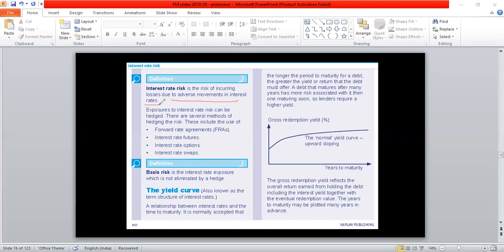First one is entering into a forward rate agreement. They decide upon a rate at which the payment would be made in the future period. Forward rate agreements, FRAs. The rate of interest is decided and will be fulfilled on a future date. Second is to enter into interest rate futures.